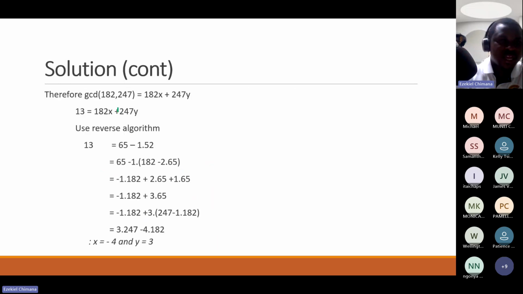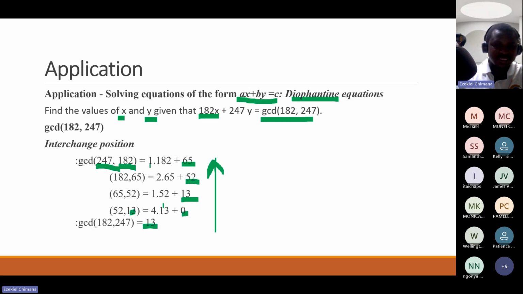So now we want to solve 182x plus 247y is equal to the GCD, which is what? 13. So this is the equation that we want to solve. So we want to use the reverse algorithm. So how to reverse this? If you go to the last statement, we've got 52, we've got 4 times 13 plus 0.